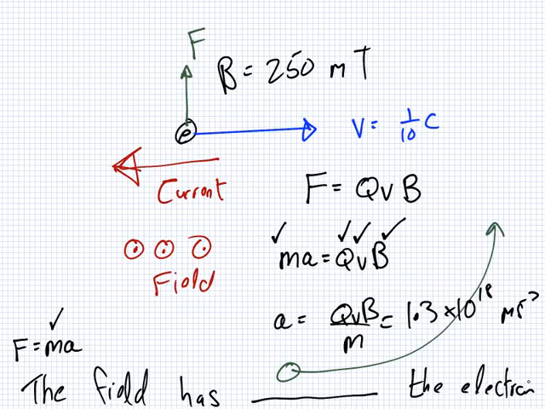True, the field has pushed the electron, but there's a better word. Knocked out? Yeah, I like it, but one word here. Not knocked. Begins with a D. Deflected. The field has deflected the electron.